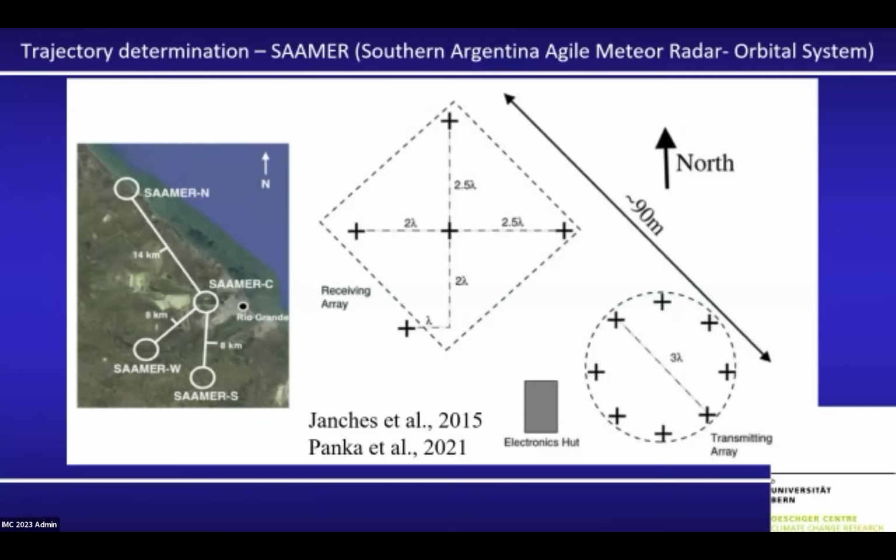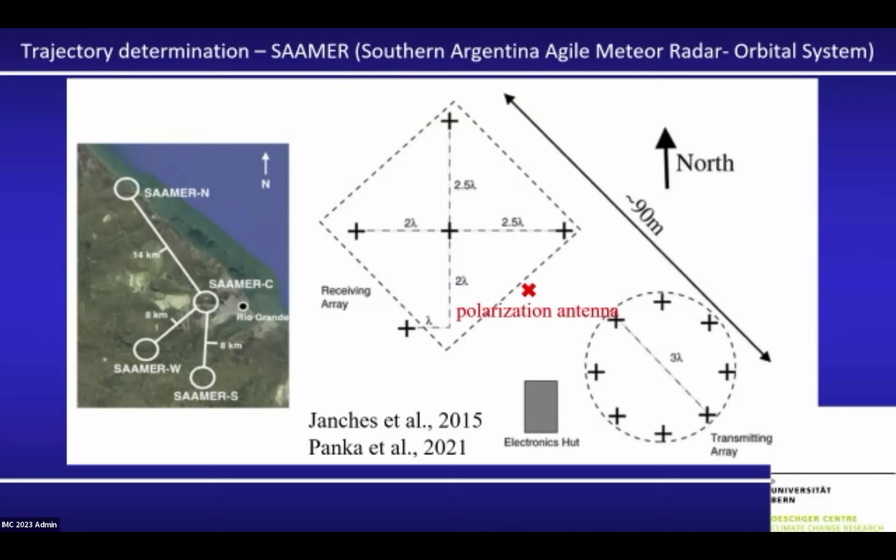And we did test the theory by taking measurements with the SAAMER orbital system in Rio Grande, Argentina. The system is a multi-static system with 3 outlying receiver stations and the core station, which is a classical monostatic meteor radar. The system allows for precise orbit determination and time-of-flight velocity. So we have all the information about the trajectories, and we added another antenna for polarization measurements.